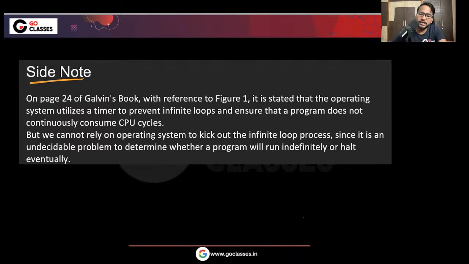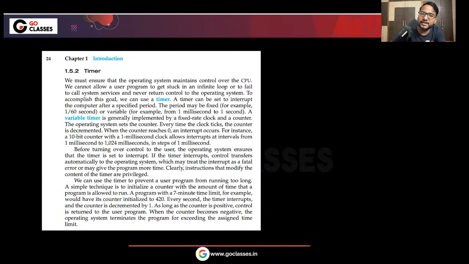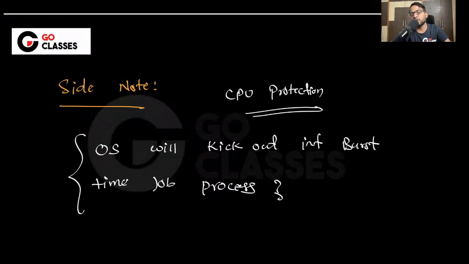See here, it is given in Galvin that there is a timer that you can use. I will go over this paragraph, don't worry. But do you think that the OS will kick out the infinite time job process?